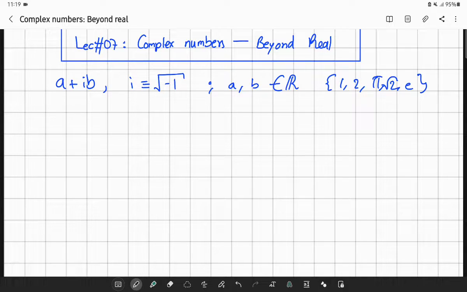Humans have, since a long time ago, used numbers for counting. So the Egyptians, the Babylonians, and so on and so forth, they used numbers for counting. So the numbers 1, 2, 3, 4, and so on, these are what we call natural numbers.